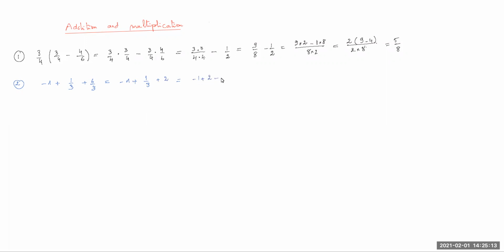This is why I can do that, and say that I have 1 plus 1 over 3, then reduce to the same denominator. So 1, I can see it as a fraction, so that I have 1 times 3 plus 1 times 1, remember how to add fractions, over 1 times 3.